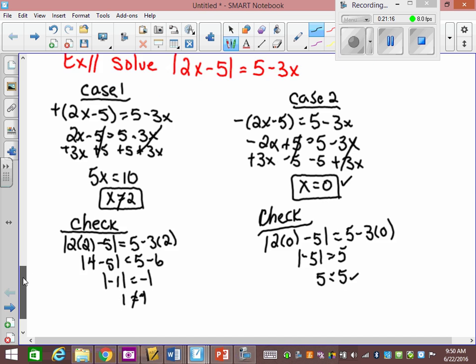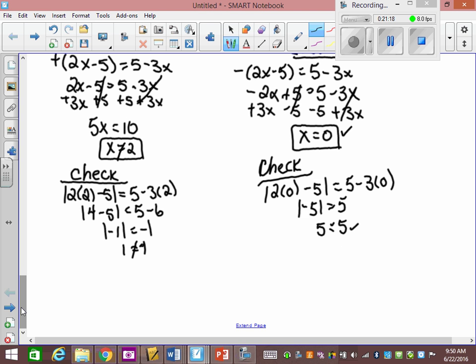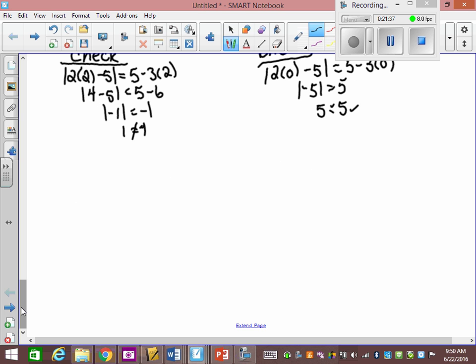Okay? We're going to do one more that you can try. It's a quadratic, because remember, sometimes you're going to get an x squared, and if you get an x squared, you're going to actually get 2 answers for this one, 2 x's for this one, so you're going to be checking 4 x's. It's a big one when it's quadratic. So try this one. And then we're doing reciprocals.